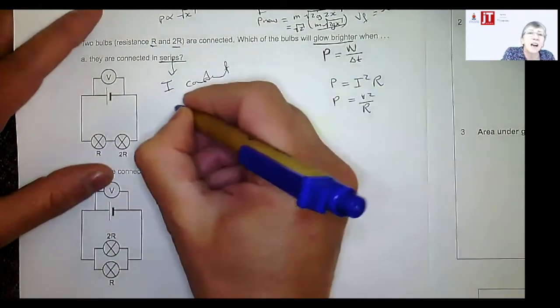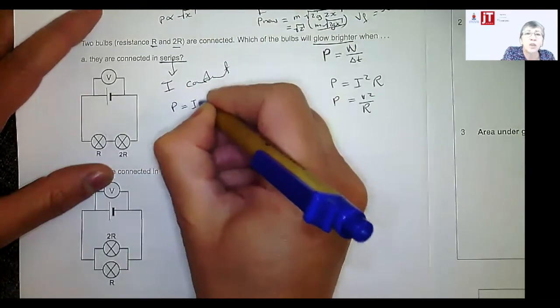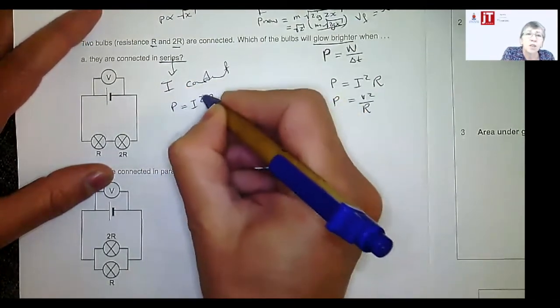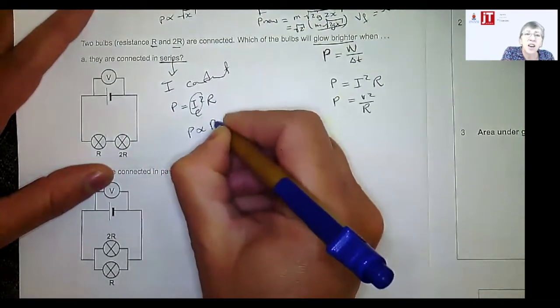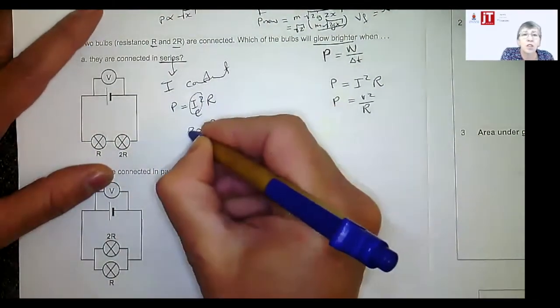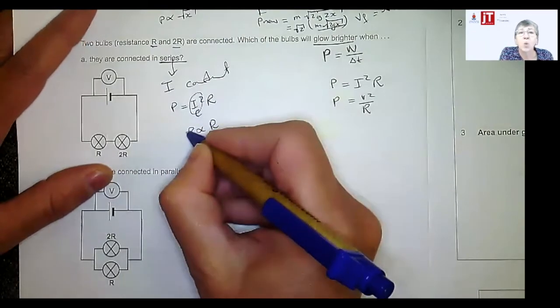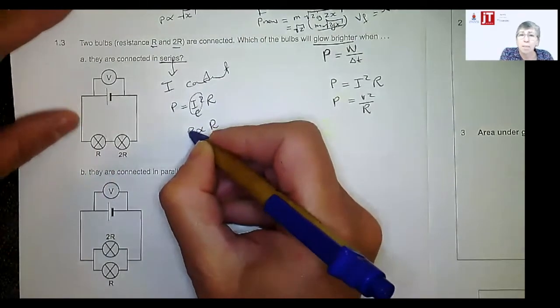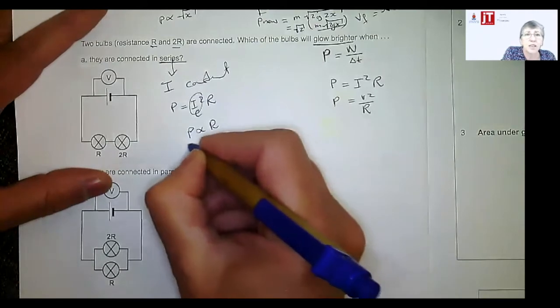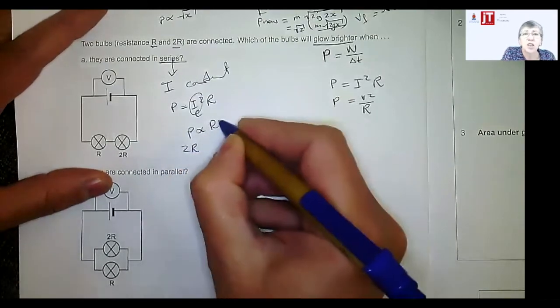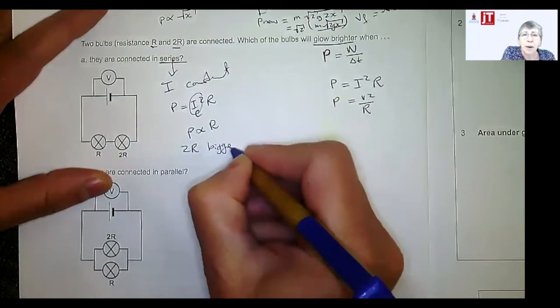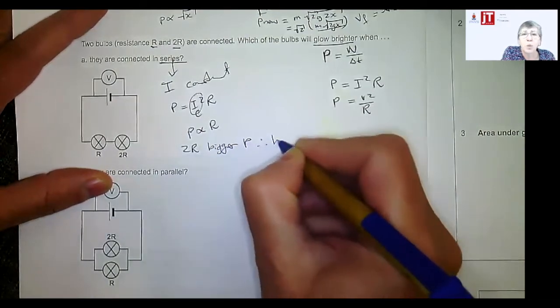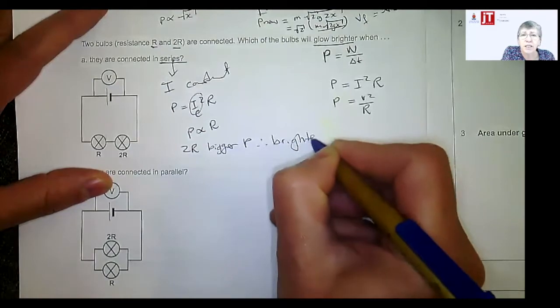And immediately I'm going to choose P equals I squared R, because since the current is constant, I know that P is directly proportional to the R. So the one with the bigger resistance will be the one with the bigger power and will be brighter. So here 2R, it's got the bigger resistance, has got the bigger power, and therefore it will be brighter.